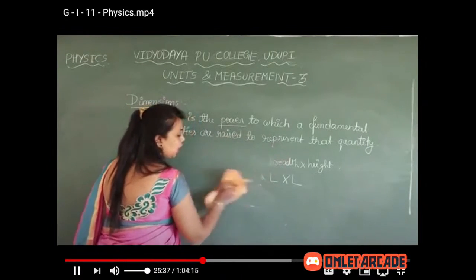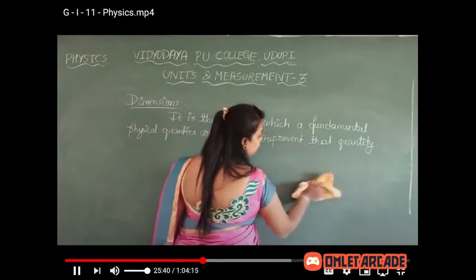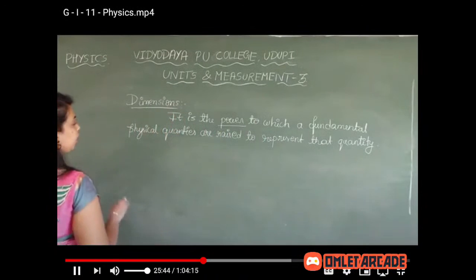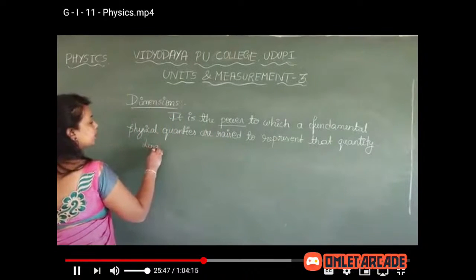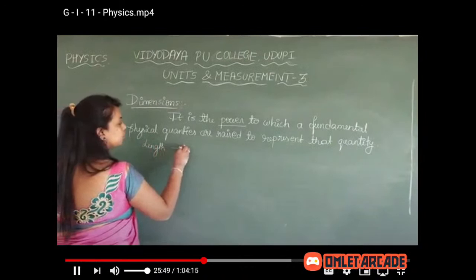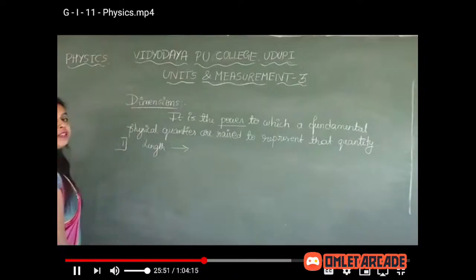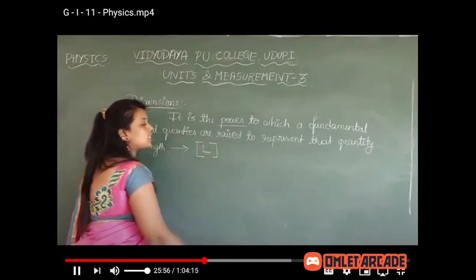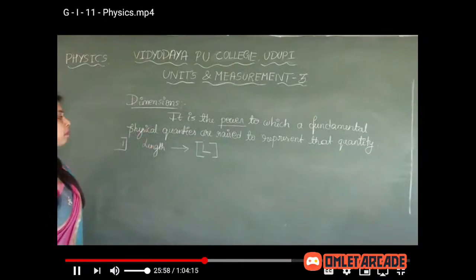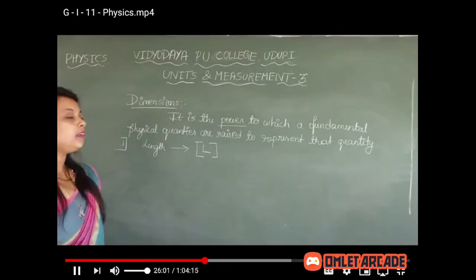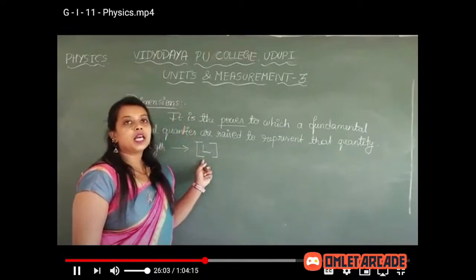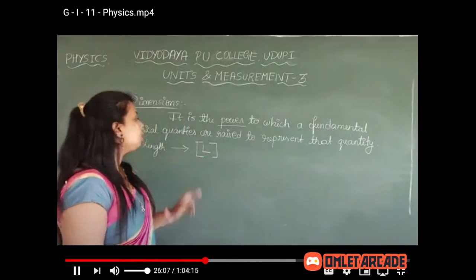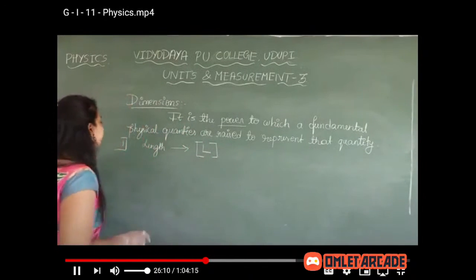So now we will study what are the dimensions of fundamental physical quantities. We know a few fundamental physical quantities, that is length. Length is represented with the symbol capital L inside the square bracket. Remember. So length you have to represent in a dimension, and the power is 1, so one dimension here, inside the square bracket.